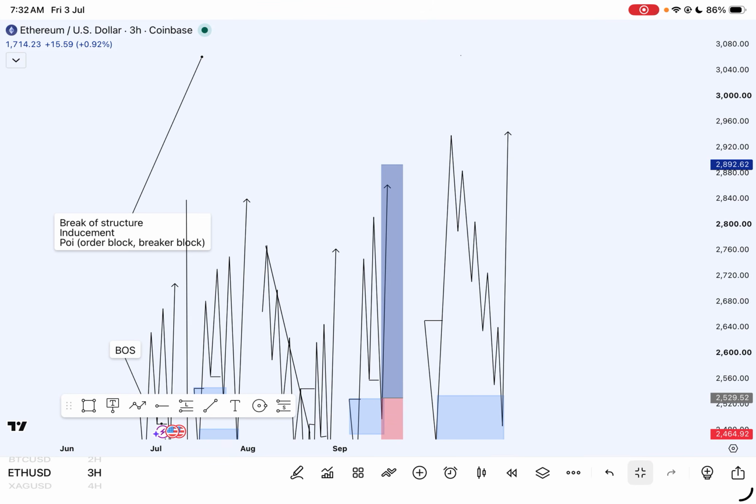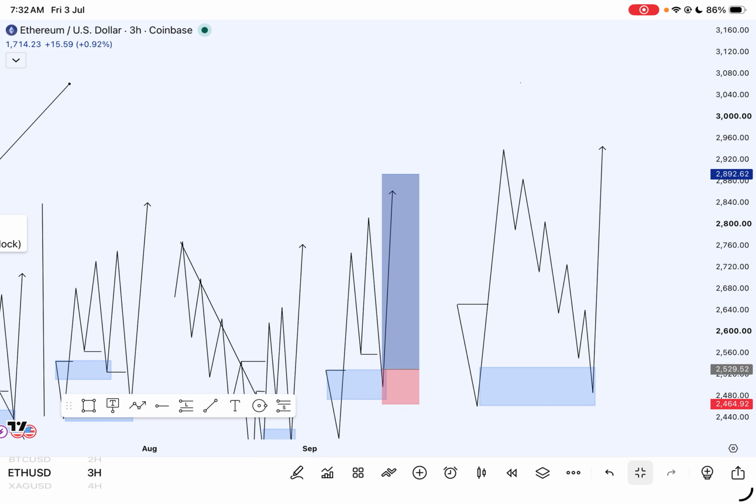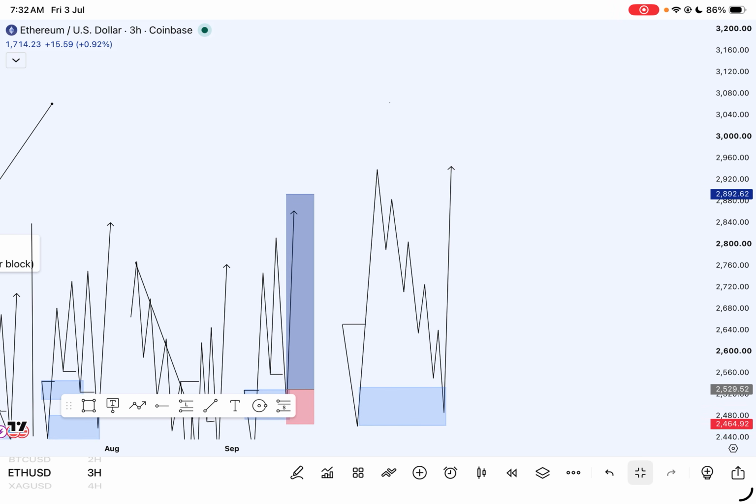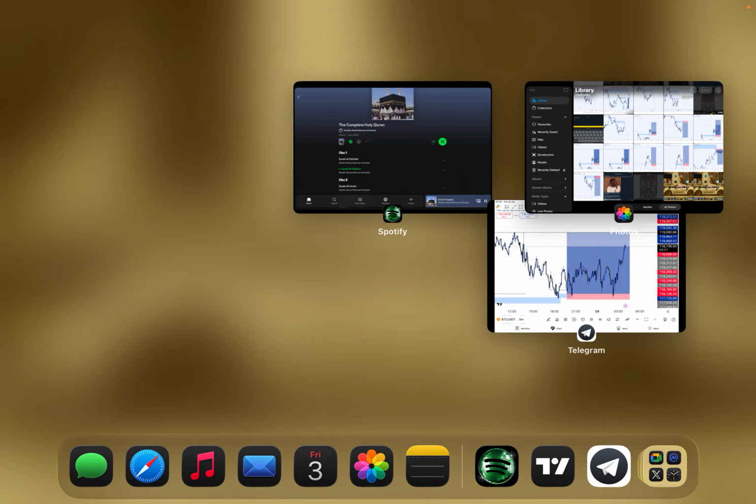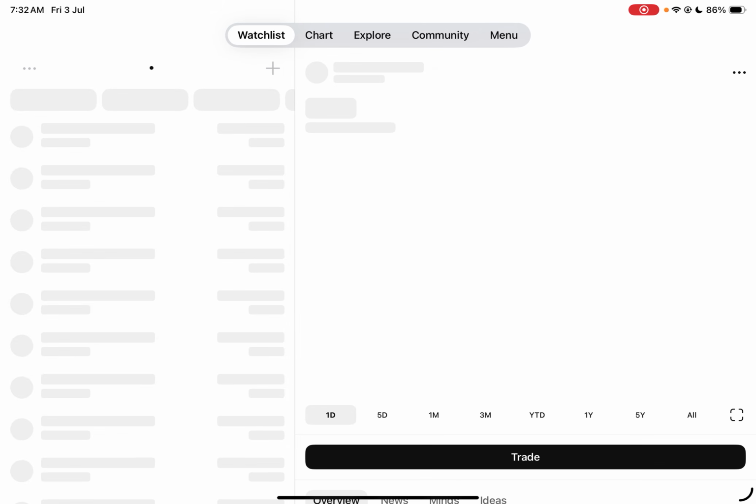I don't know what's wrong with this TradingView now. Let me restart my TradingView, guys. My network is bad, guys.